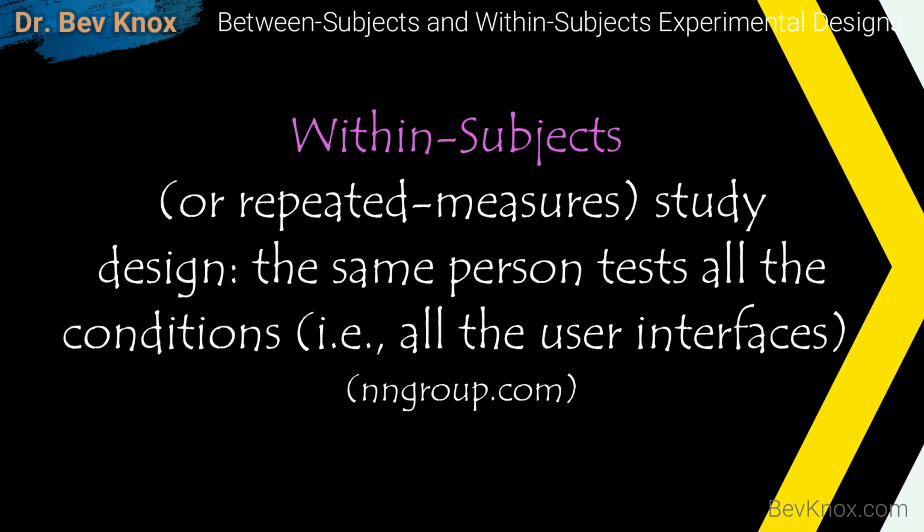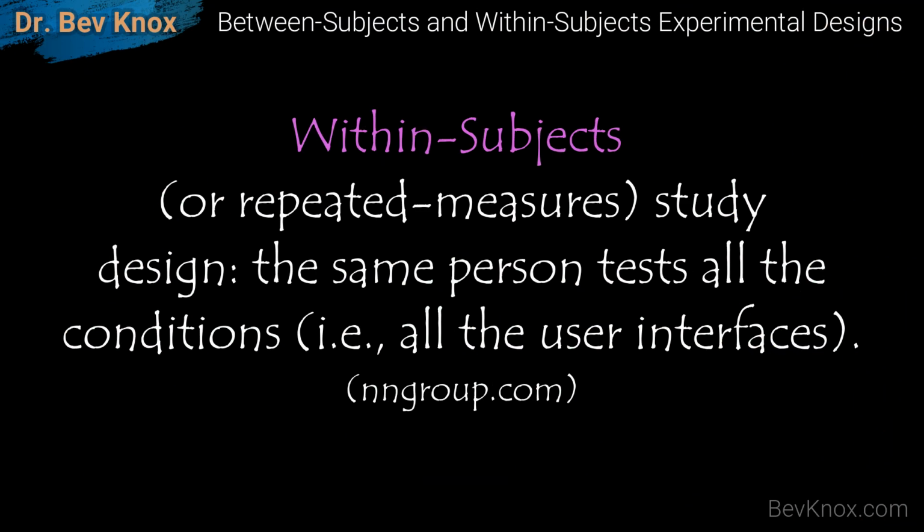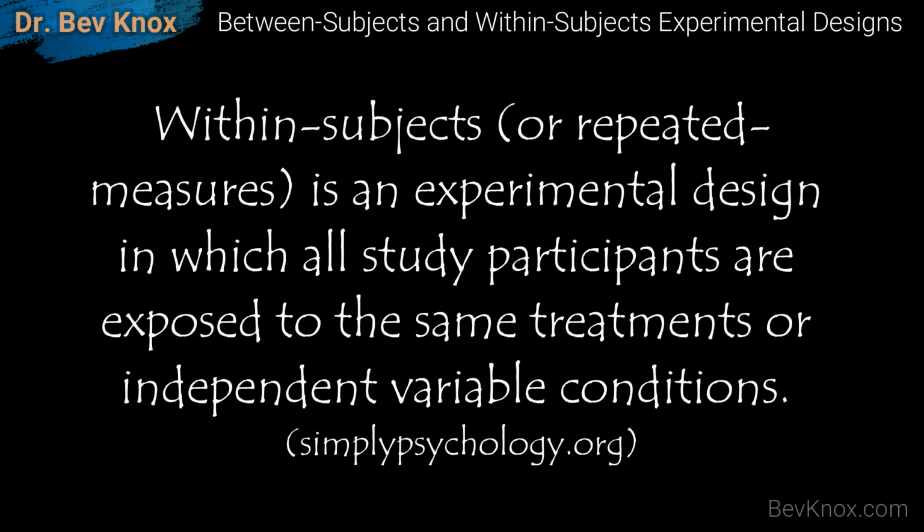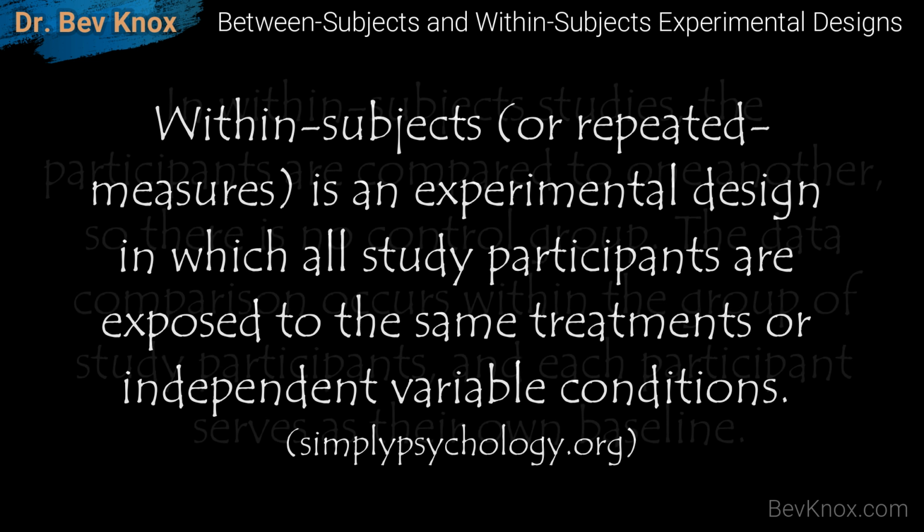This should be done by random allocation, ensuring that each participant has an equal chance of being assigned to a group. Now, within subjects or repeated measures study design, the same person tests all the conditions. For example, all the user interfaces. Within subjects or repeated measures is an experimental design in which all study participants are exposed to the same treatments or independent variable conditions.